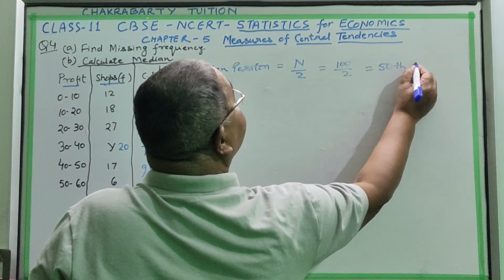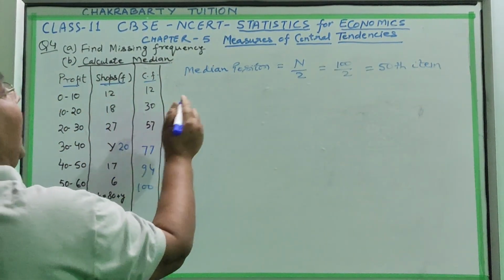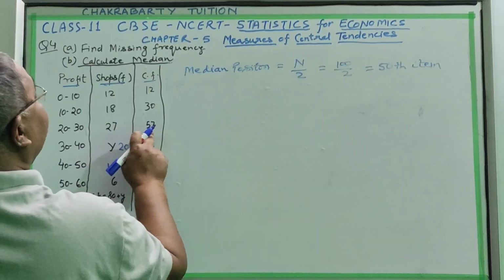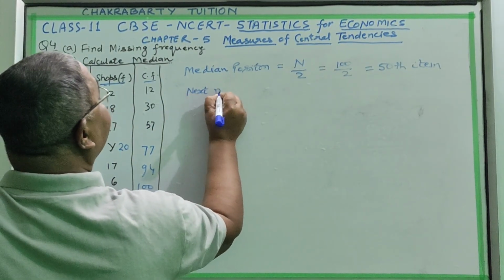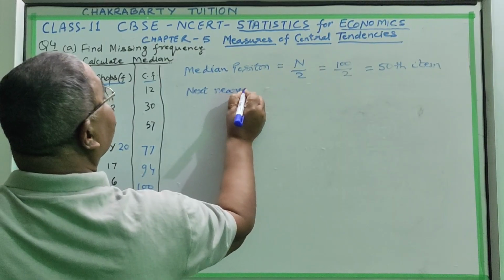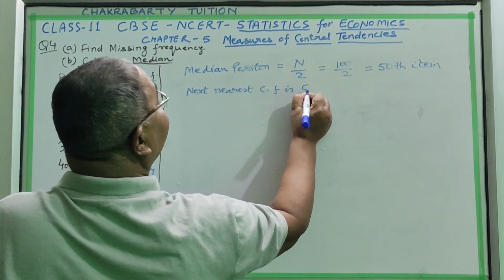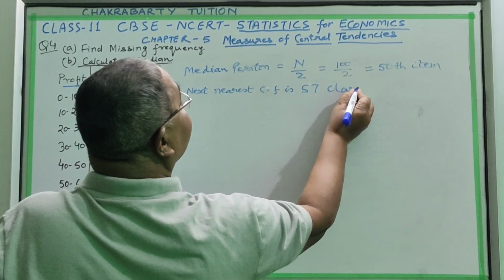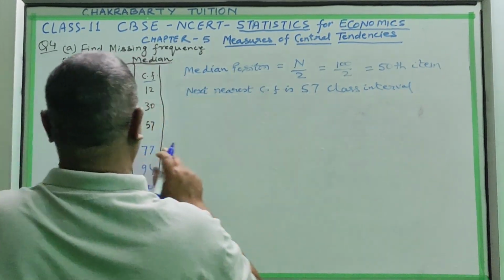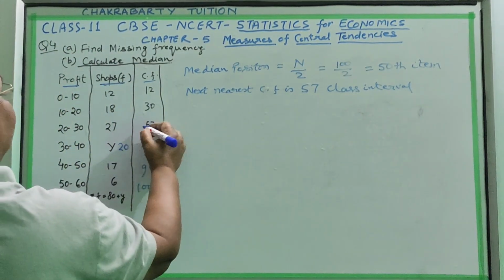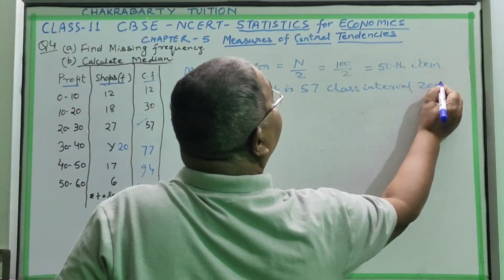Median position is on the 50th item, and its next nearest CF is 57. Class interval, now its class, we are taking 57. Class interval is 20 to 30.